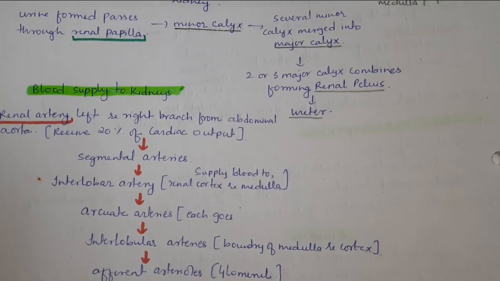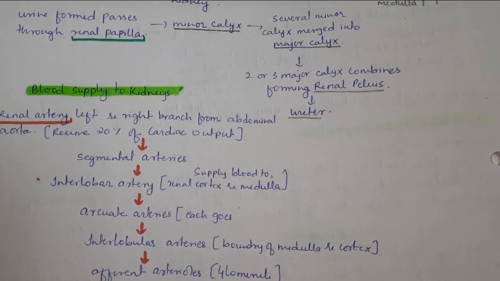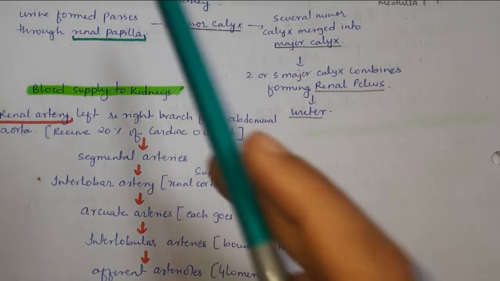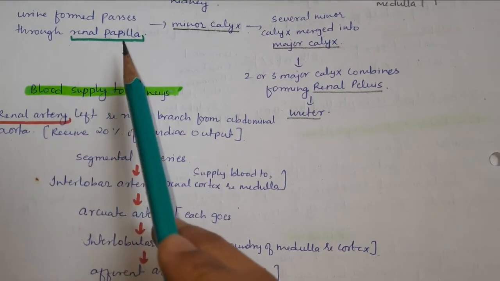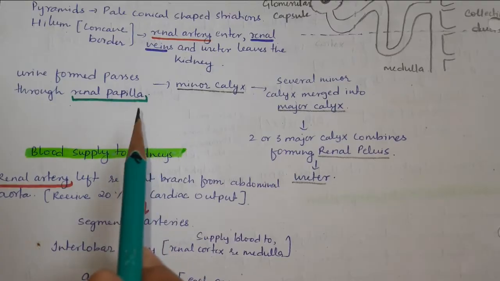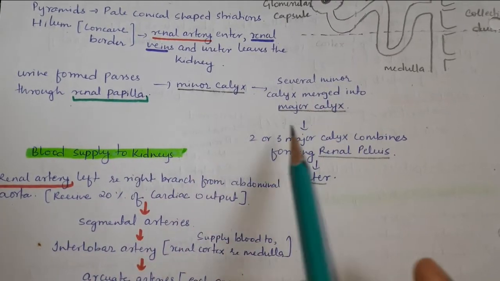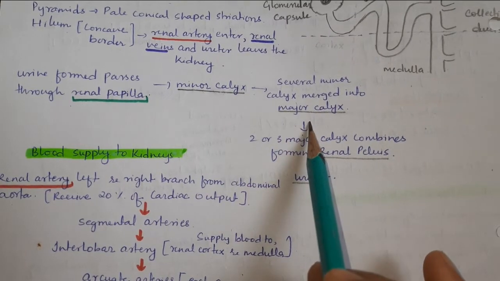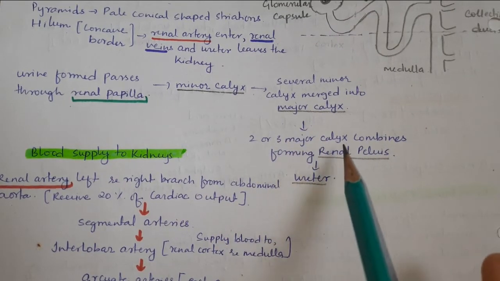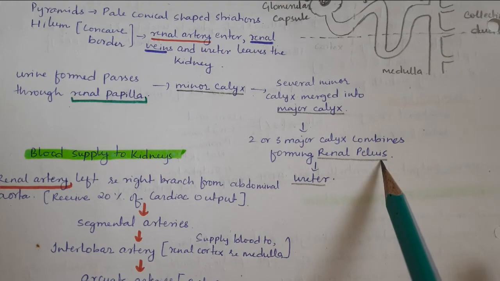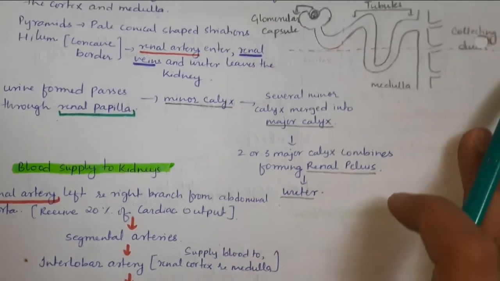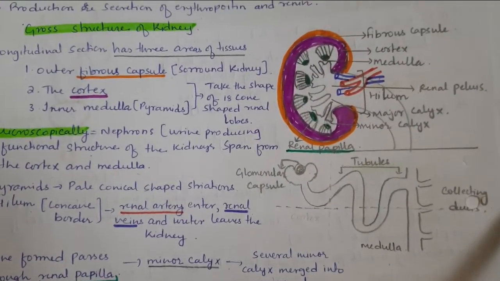Okay, so let us see how the urine will be formed in the kidney and pass down to the urinary bladder. First the urine is formed and passes through the renal papilla, towards the minor calyx, towards the major calyx, and 2 to 3 major calyces combine forming the renal pelvis, and then to the ureter. With the help of the diagram, let us see.